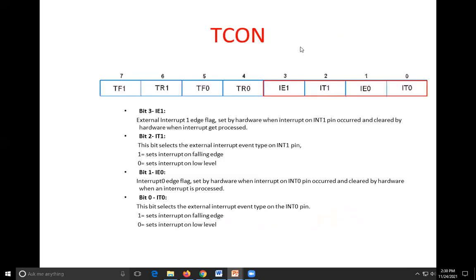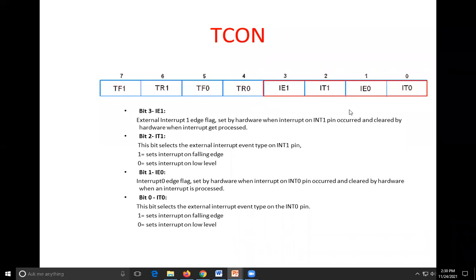We are discussing the TCON register. In the TCON register, these four bits are for the interrupts, and these are for the timer. TR1 is to start timer 1, TR0 is to start timer 0. TF0 is the overflow flag for timer 0, and TF1 is the overflow flag for timer 1.